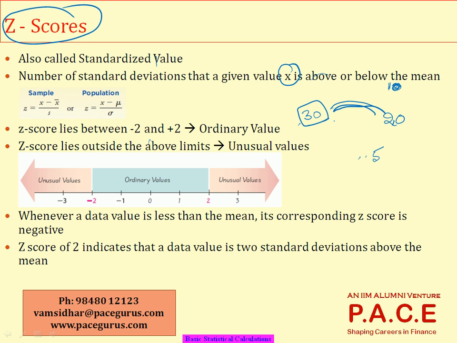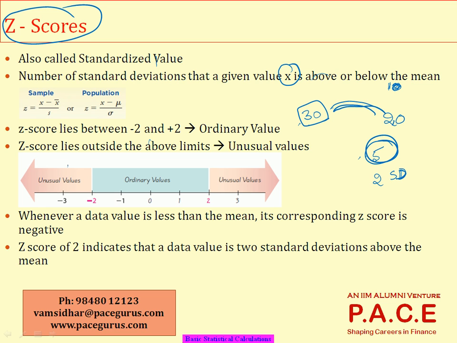I'll not name it as 10 units, but because the standard deviation is 5 units, I'll say 30 is more than the mean by 2 standard deviations. I'll express everything in terms of the number of standard deviations away from the mean. That is what is called a z-score.